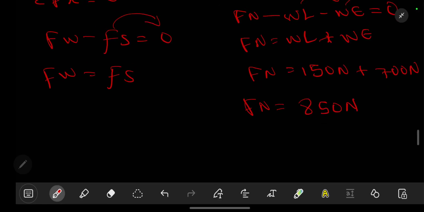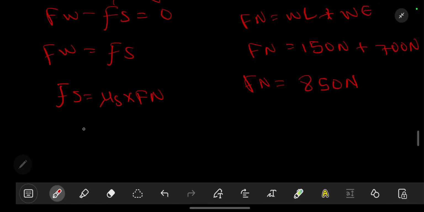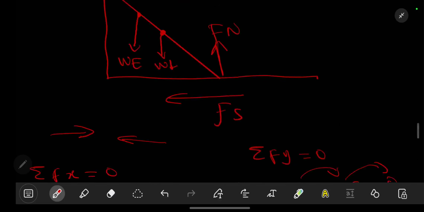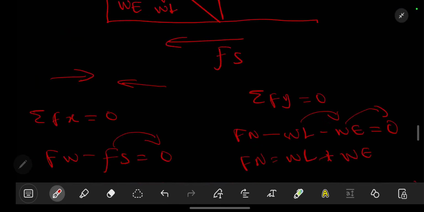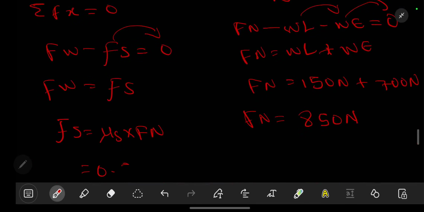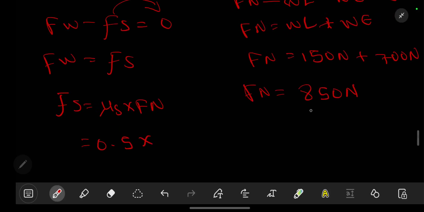Now, remember our Fs is equal to our coefficient of static friction times the normal force. We have been given that mu s is 0.5. So we have 0.5 times the normal force, which we found to be 850.